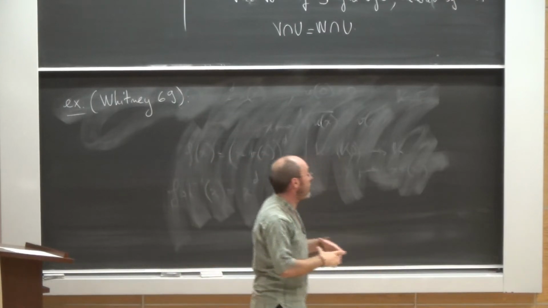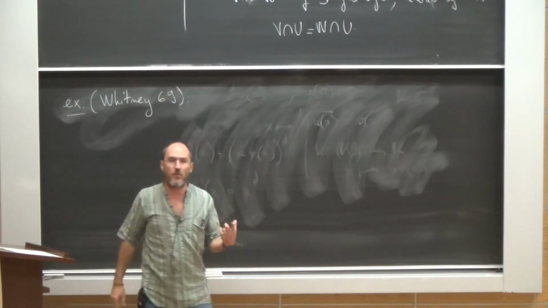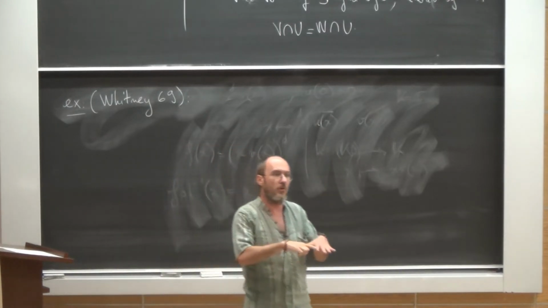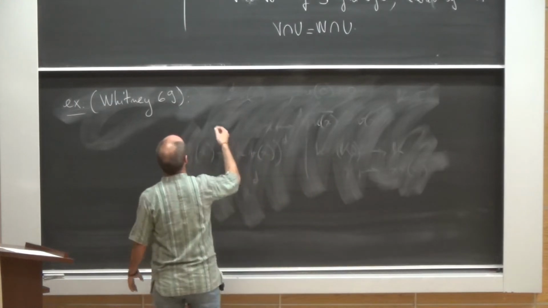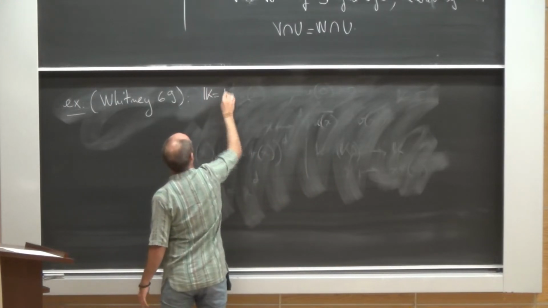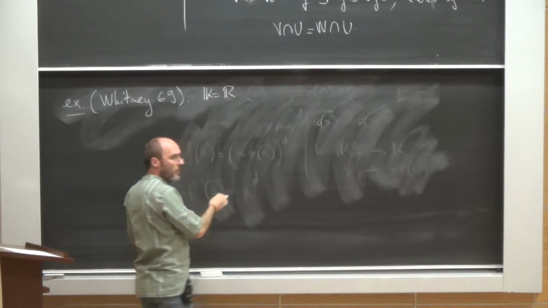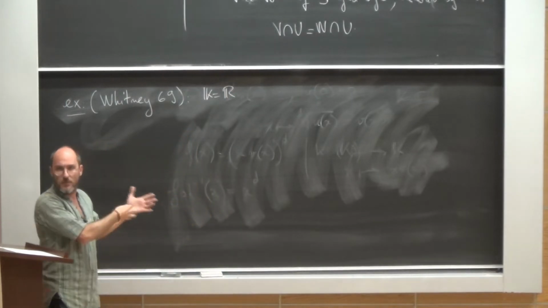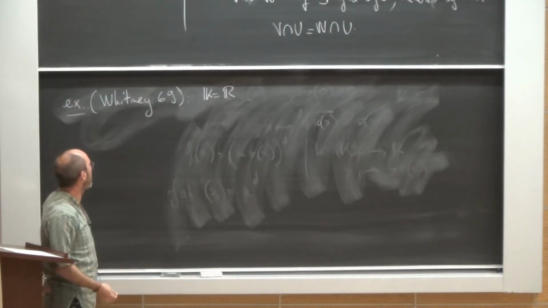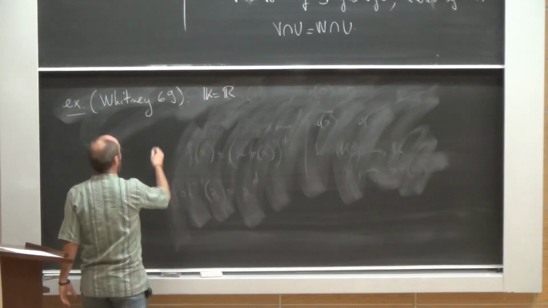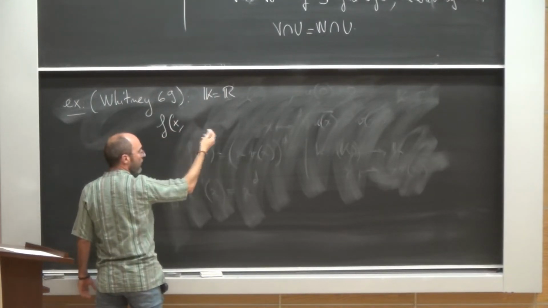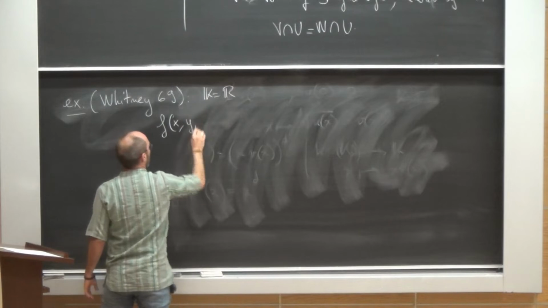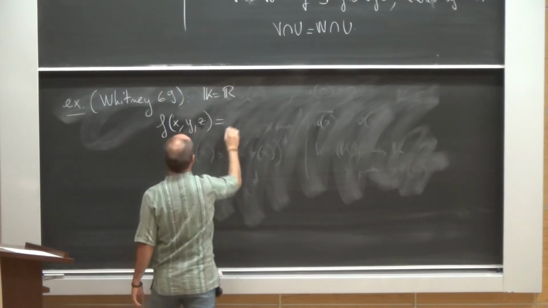So this is the zero set of one function in three variables. So it's a surface in K^3. Here, for simplicity, I will take K equal R, but we can handle the next example also in the complex case. So I consider f of x, y, and z for simplicity.